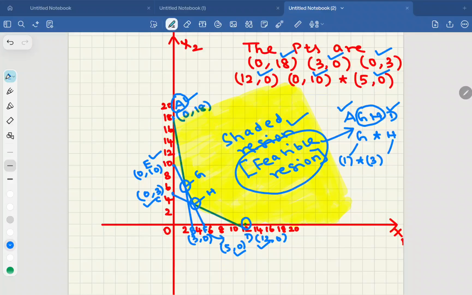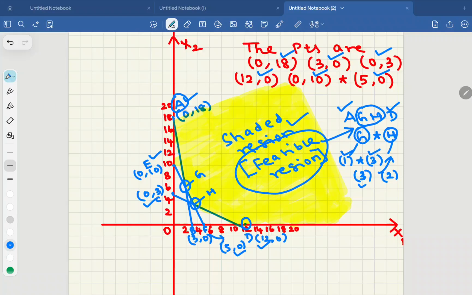For H, the two lines intersecting are EF, the third equation, and CD, the second equation. For G, solve the first equation and third equation.